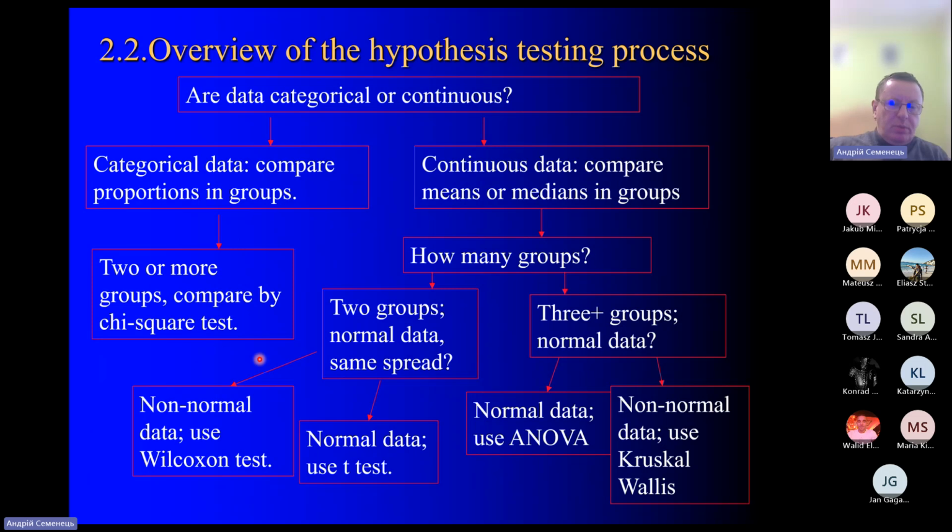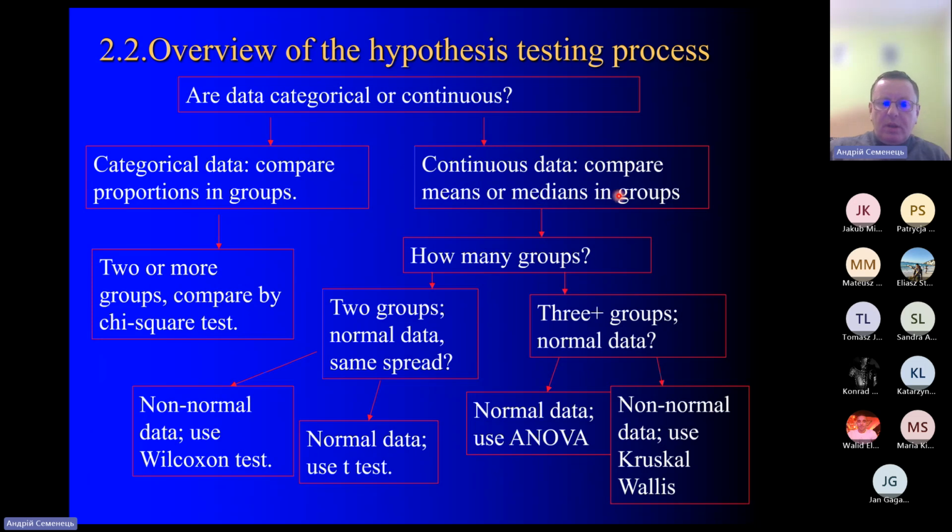If we have two or more groups, we use, for example, the chi-square test or other methods, because for categorical data a lot of different methods are available. There is just not enough place here to put them all together. But in statistical textbooks, you can very easily find all necessary additional methods depicted in the form of tables or charts like this.